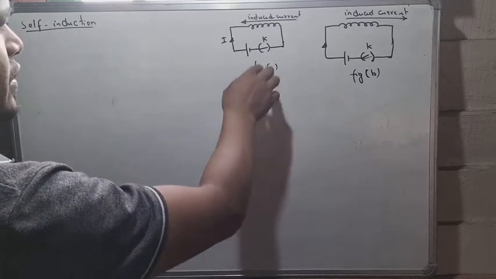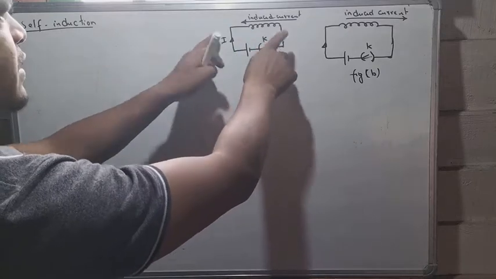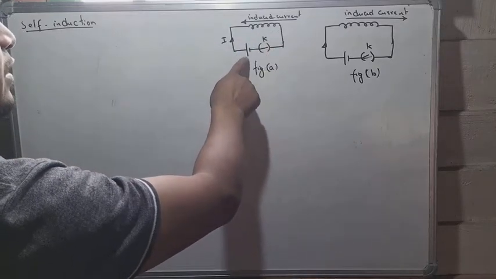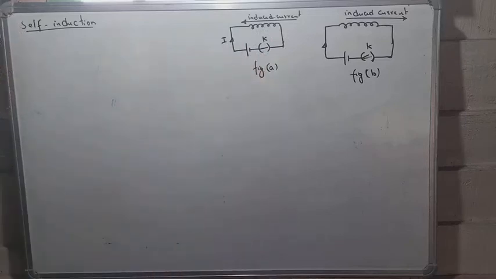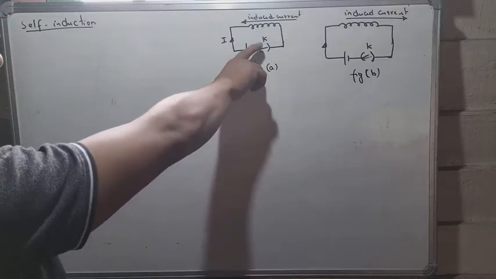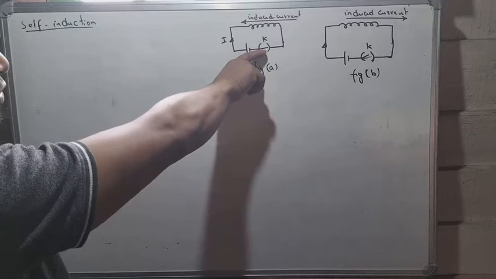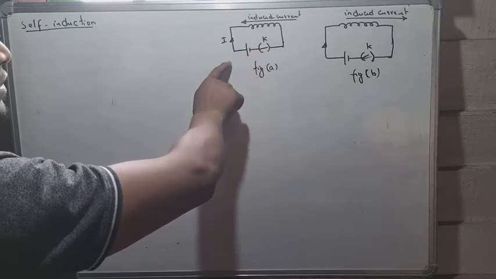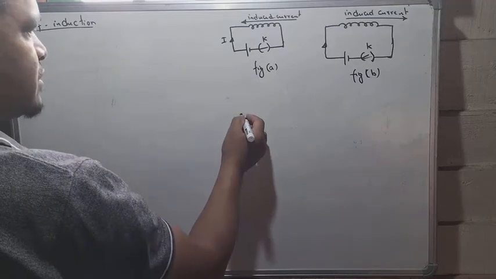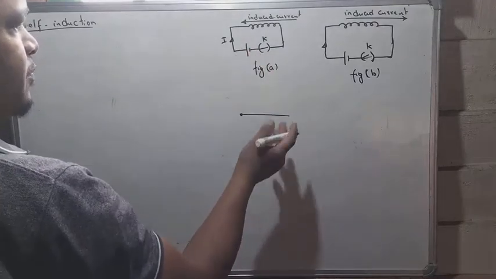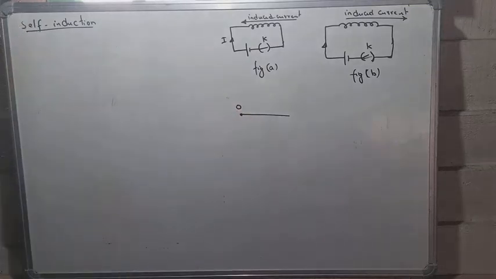In this figure A, we have a coil connected in series with a cell through a tapping key. When the key is closed, the current I starts flowing through the coil. When the key is open, the current is 0.